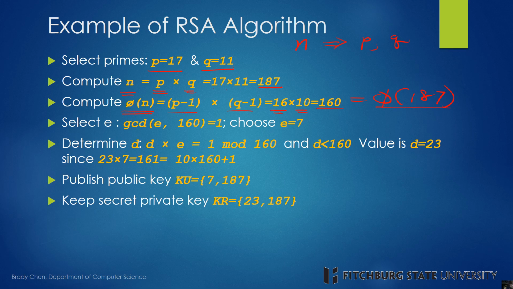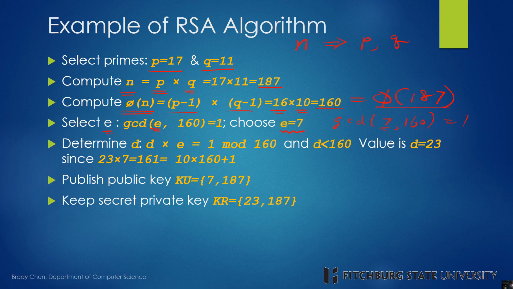And then we're going to select e such that the GCD of e and 160 is 1. And we actually find e. So you can verify that the GCD of 7 and 160 is 1. It is 1 because 7 is a prime number. So a prime number is relatively prime to any numbers, right?